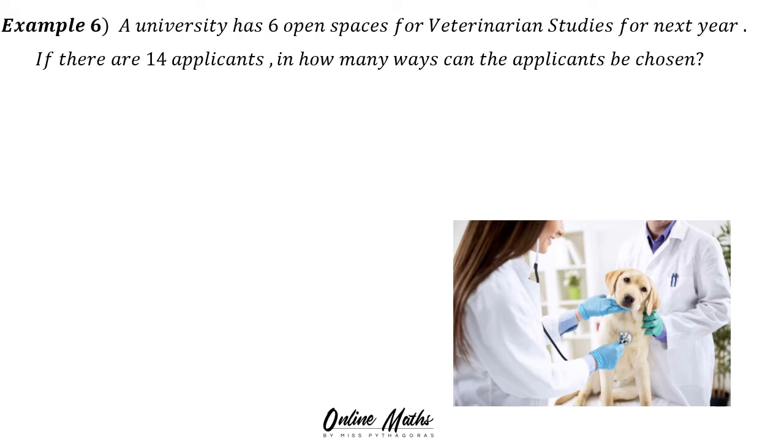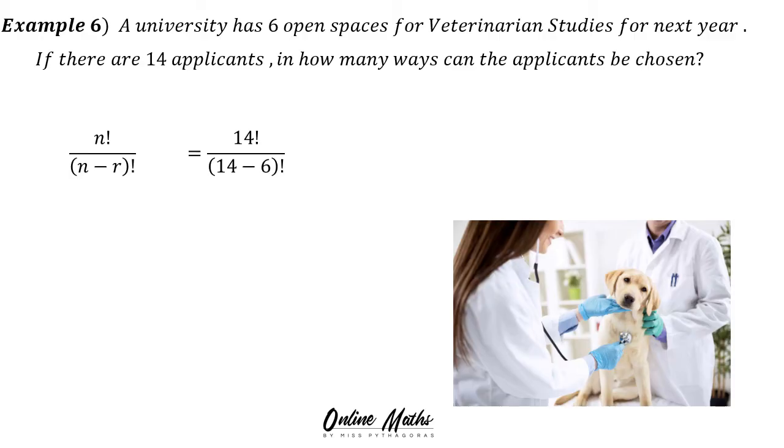Example 6. A university has 6 open spaces for veterinarian studies for next year. If there are 14 applicants, in how many ways can the applicants be chosen? Again, there's our formula, n factorial divided by (n minus r) factorial.